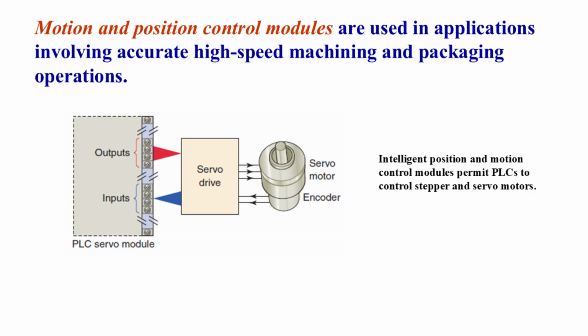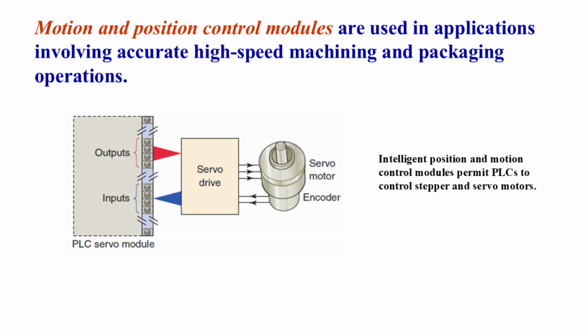Feedback from an encoder is sent back to the PLC, allowing the system to make real-time adjustments and maintain accuracy. By integrating inputs, outputs, and feedback, motion and position control modules enable highly precise, automated motion in advanced industrial processes. A real-world example is a CNC milling machine, where the PLC must move the cutting tool to exact coordinates with precision.